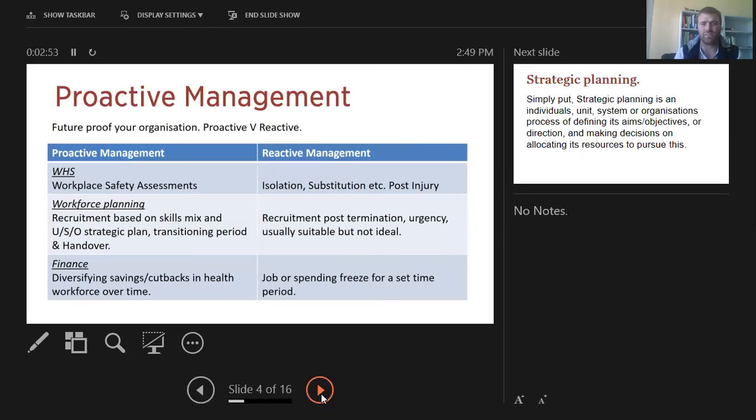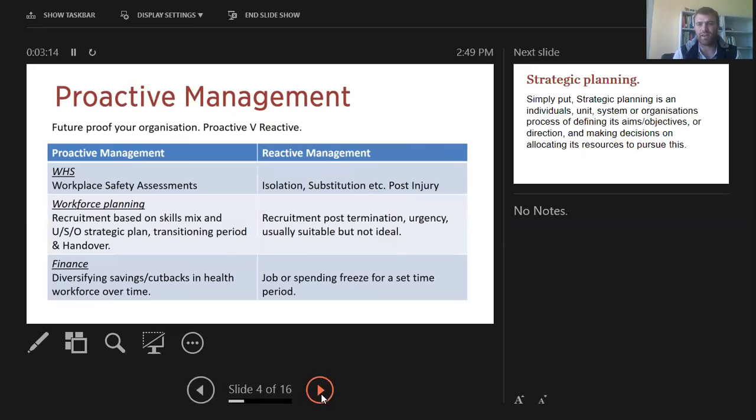The work health safety example is day-to-day or month-to-month workplace safety assessments, looking at someone's workplace itself. In a healthcare setting, this might be a nursing area, the emergency department, a fill station, or an admin officer at their desk.